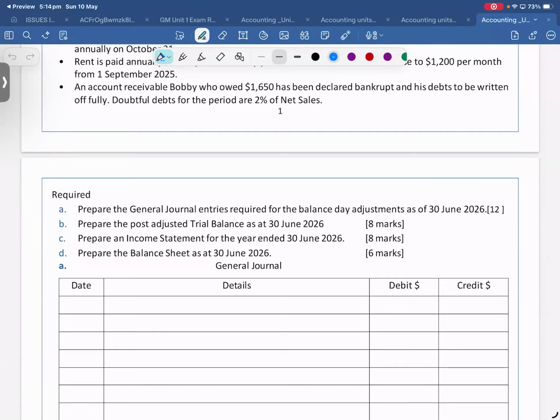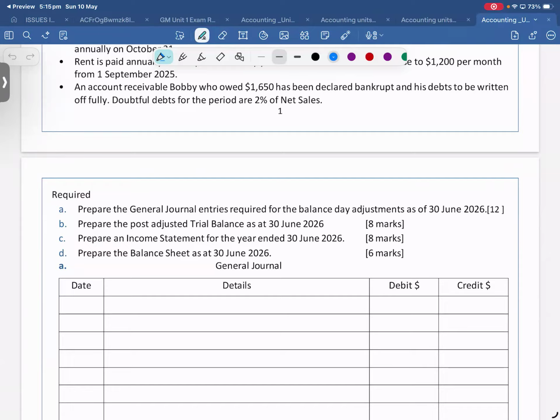You know how you use the trial balance to determine errors? No, trial balance is not to determine errors necessarily. There are some errors that we can find from the trial balance, like when it doesn't balance on debit and credit. You are going to fix them. They also can be part of the balance day if you found them beforehand.